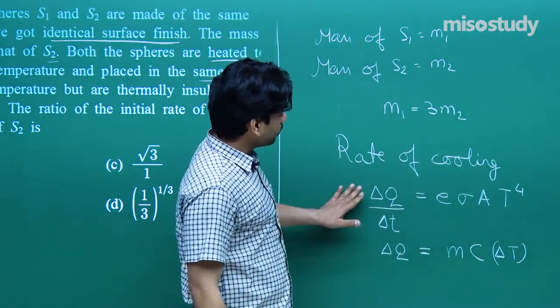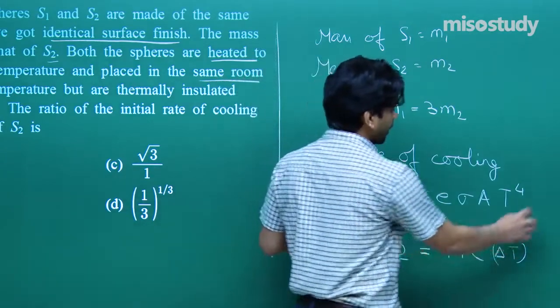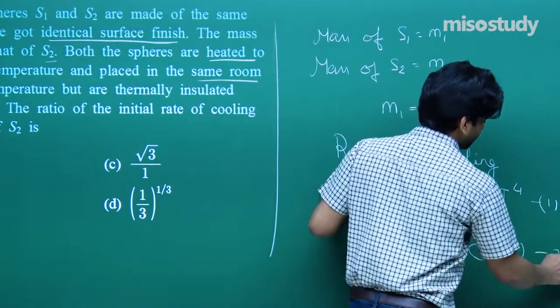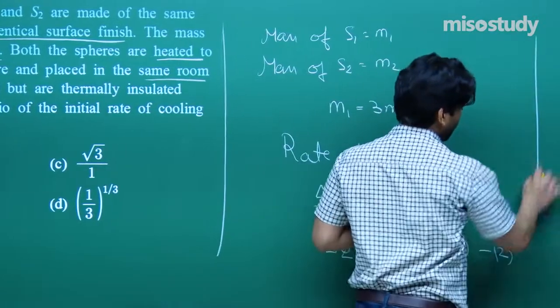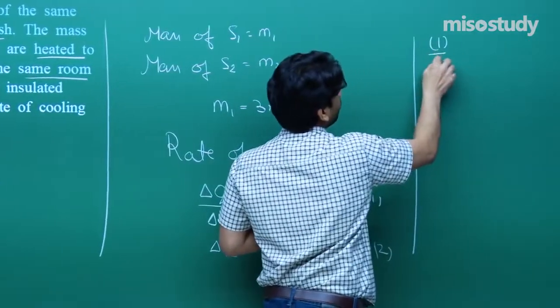Now you divide equation number 1 by equation number 2. See what you are going to obtain.